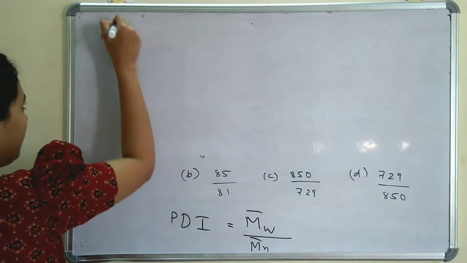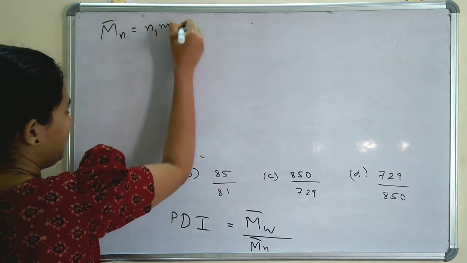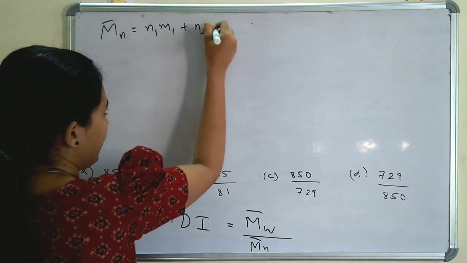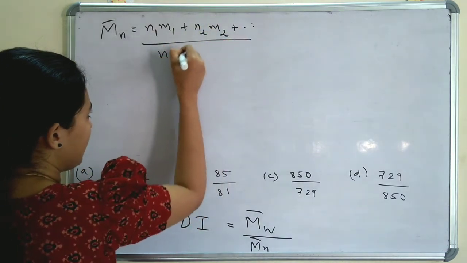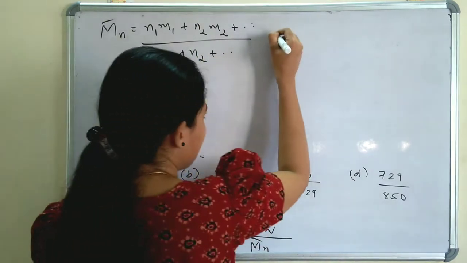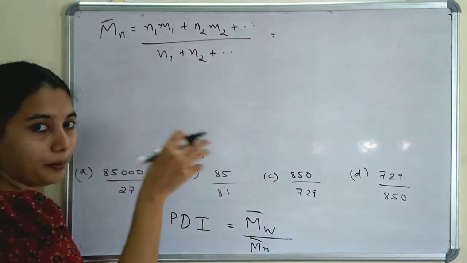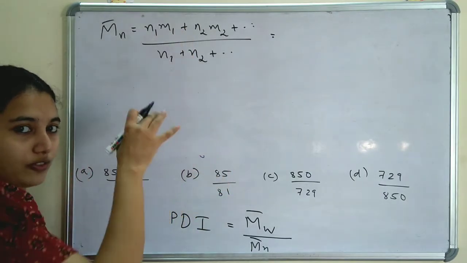So M bar n equal to (n1 m1 plus n2 m2 plus etc.) divided by (n1 plus n2 plus etc.). Here n1 is the number of molecules and m1 is the molecular weight of those n1 molecules.